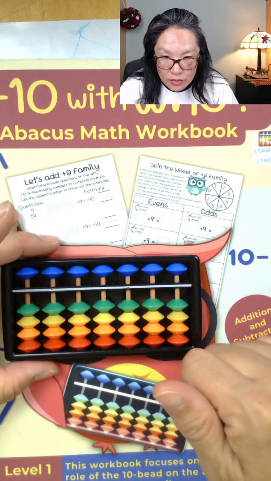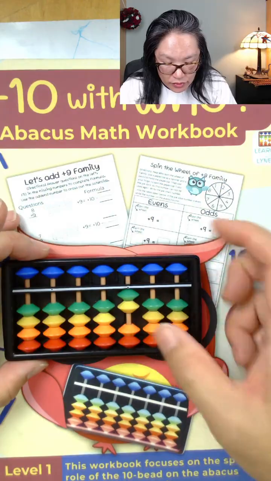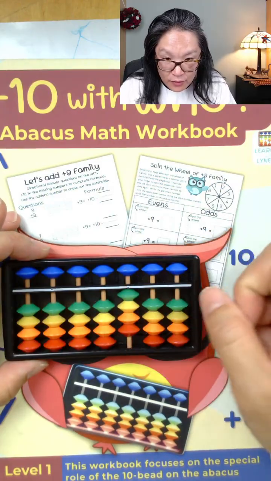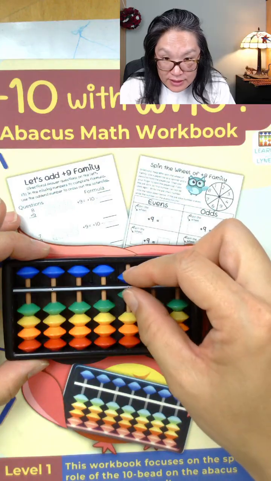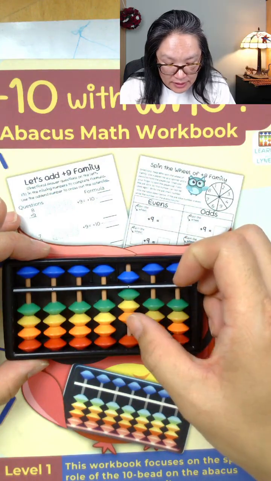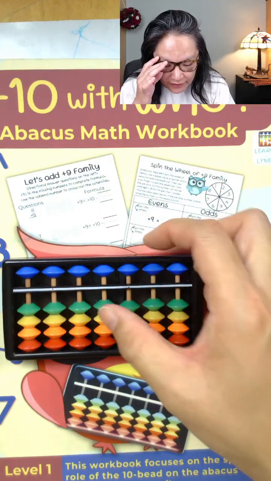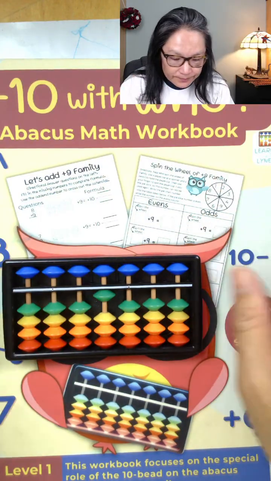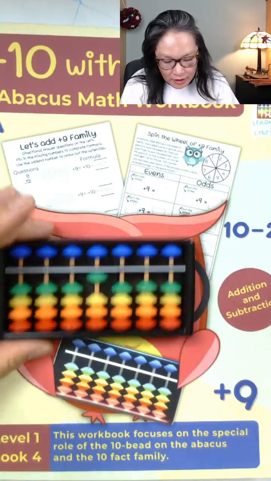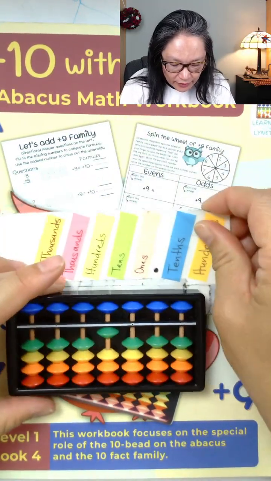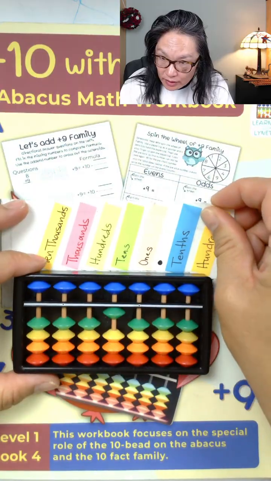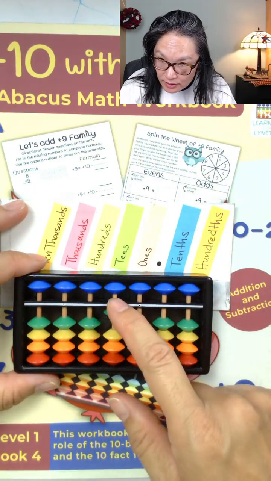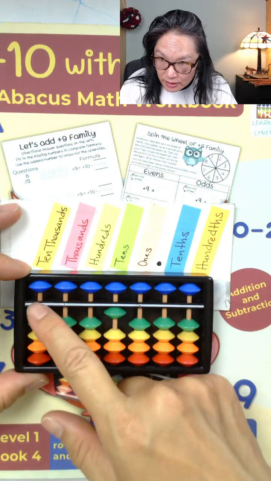So we have 1, 2, 3, 4. This is 4. And then we have 5, 6, 7, 8, 9, and then we have 10. That's it. How do I know? Every column is a place value. So when we look, we have our ones, our tens, our hundreds, our thousands, our 10,000s.